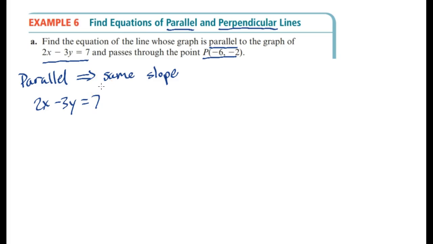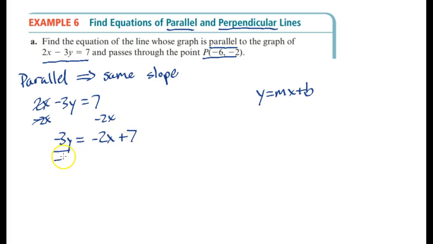So let's go ahead and put it in slope intercept form, which is y equals mx plus b, and we'll be in good shape. We want to get y by itself on the left side of the equation. So we want to bring the 2x over to this side, and we're left with -3y equals -2x plus 7.